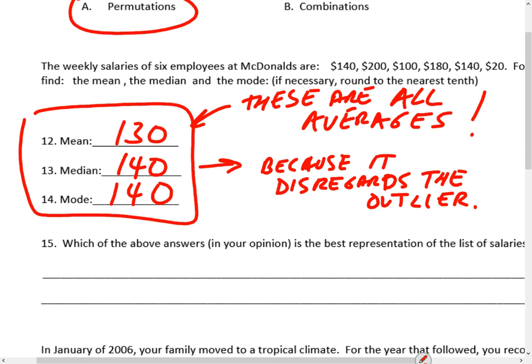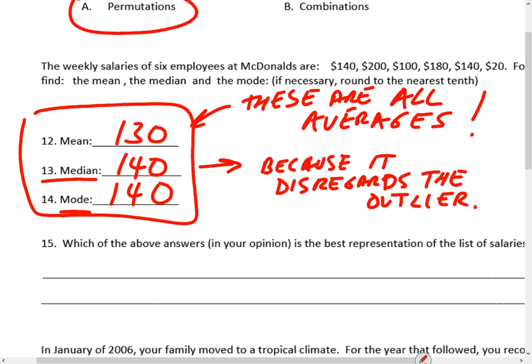You're going to see that on next week's notes. But they're all considered averages. So when you need to give me an explanation here, don't use the word average. Some people said median because it disregards the outlier. The outlier is there, but when you're looking at the middle number, do you care what's at the ends? Did anybody say mode?